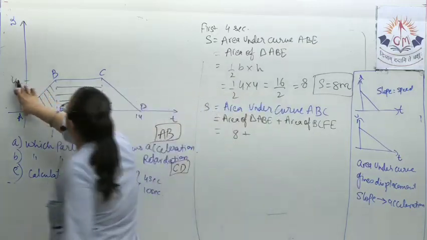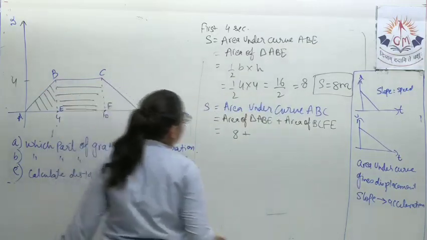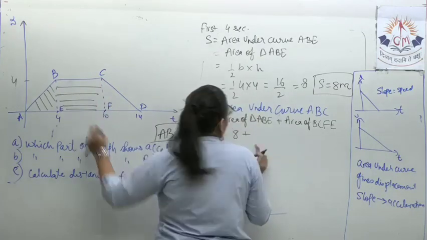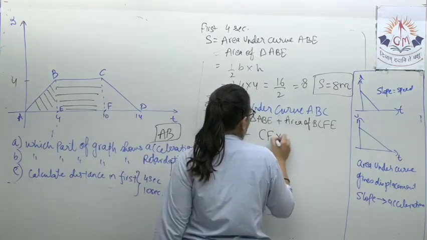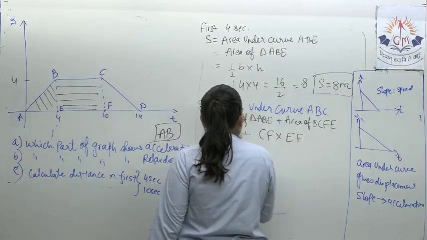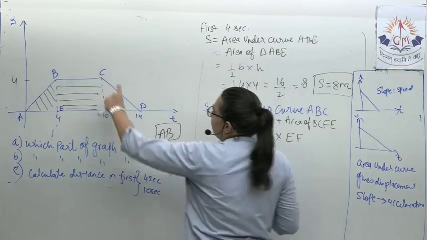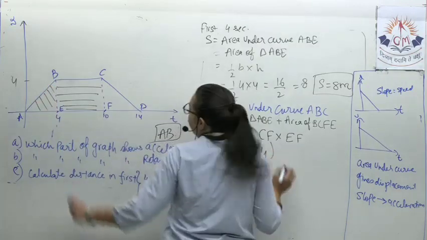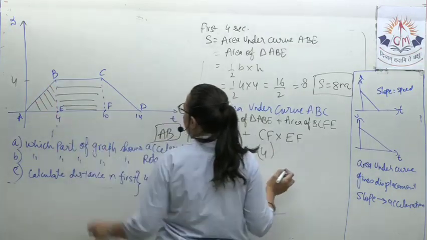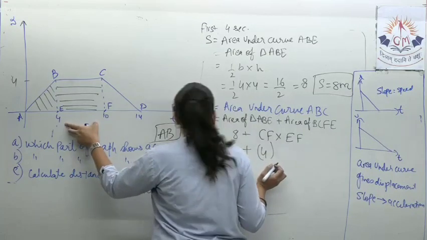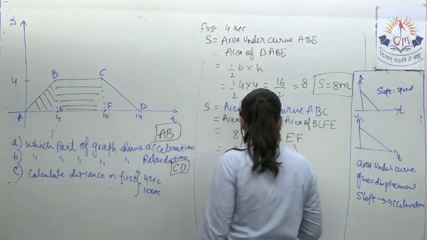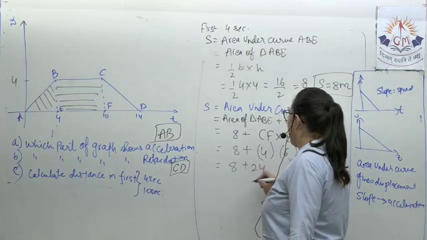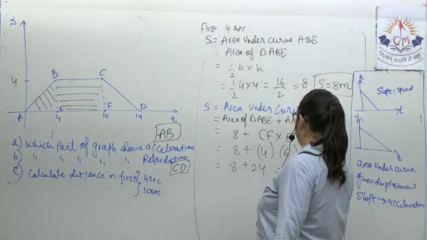Area of rectangle is length into breadth, that is CF into EF. That is 8 plus, what is CF? It is 4. What is EF? It is 4 to 6, that gap is 6. What is 6 fours? 24. 24 plus 8, that is 32 meter.